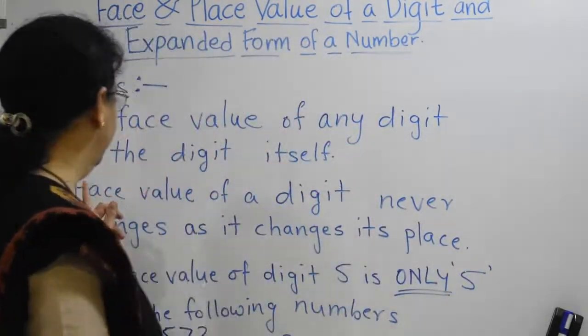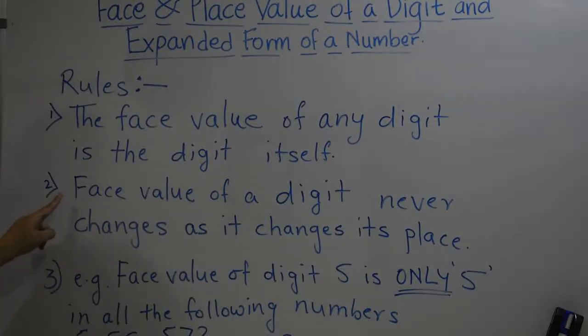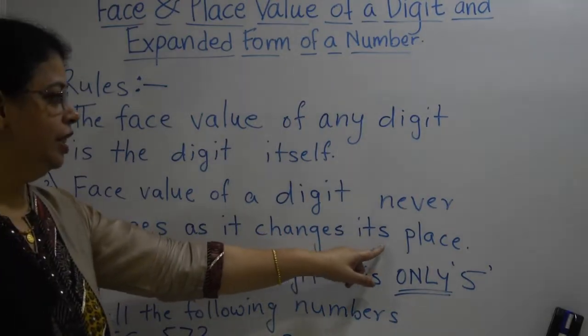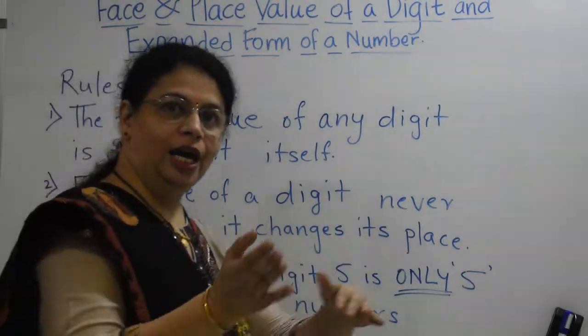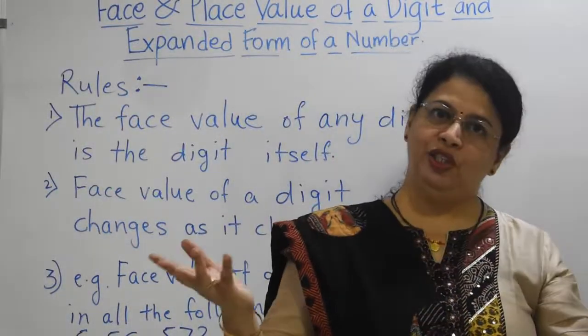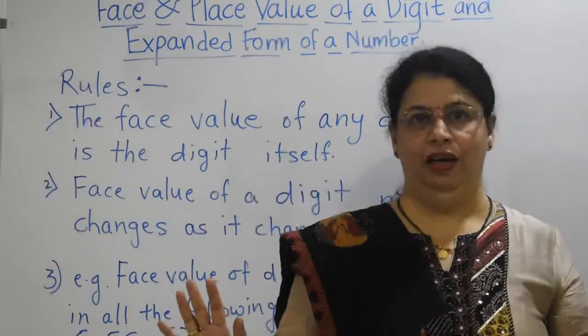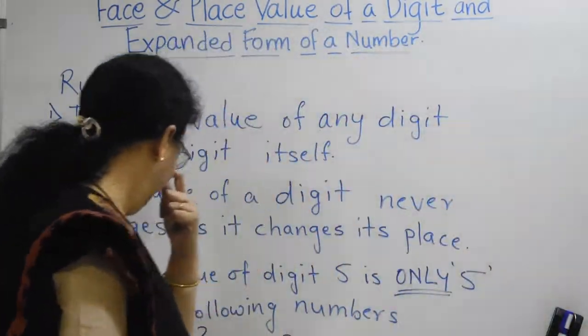Remember that. That is the meaning of this second rule. Face value of a digit never changes as it changes its place, means units, hundreds, wherever it goes, it will remain 7 only. Remember that. Okay.